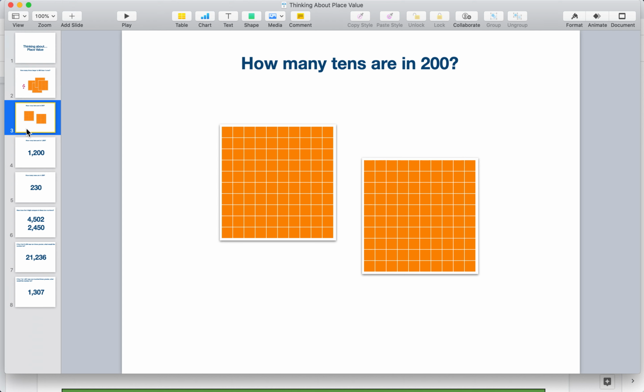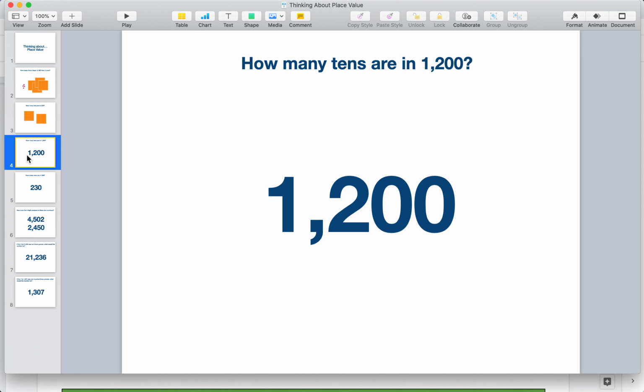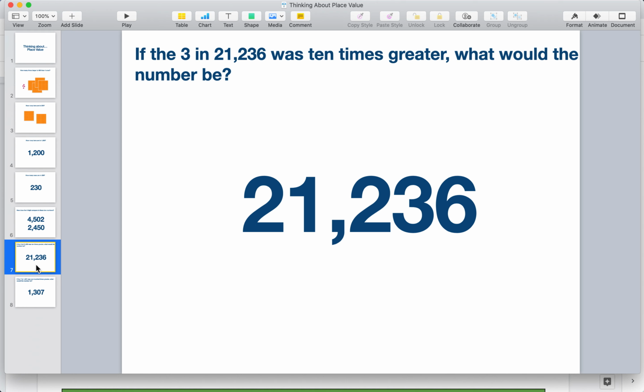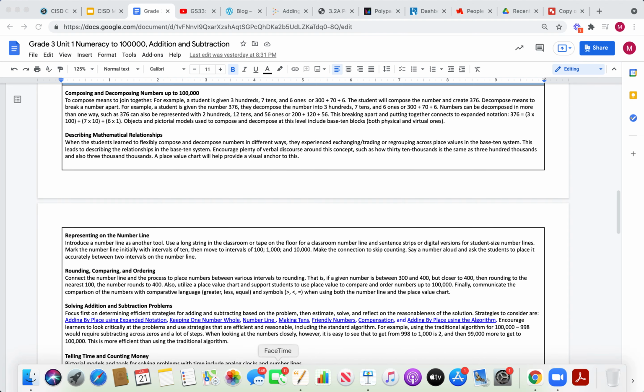How many tens are in 200? How many tens are in 1,200? How does the 5-digit compare in these two numbers? Or if the 3 in 21,236 was 10 times greater, what would the number be? The purpose of this is to lead some discussion and encourage thinking about the base 10 system.